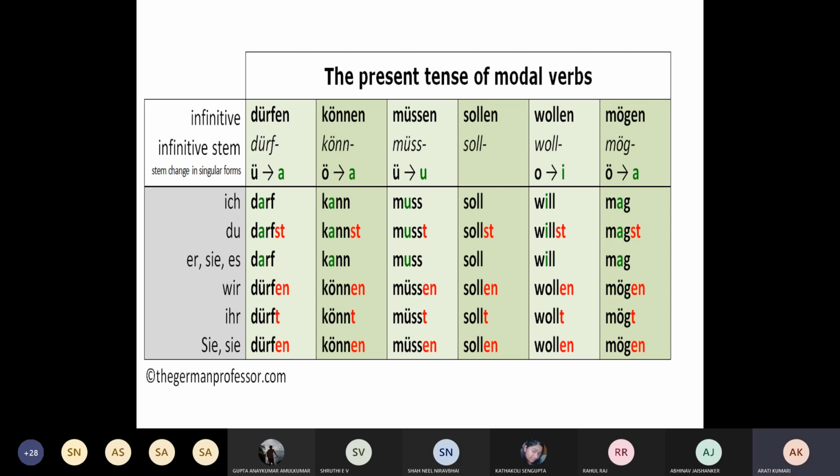Ich möchte eine Pizza, eine Cola, bitte. Yeah, you can also add bitte, please. And also, if you want to say, I would like to pay now, for that you also use the same verb.